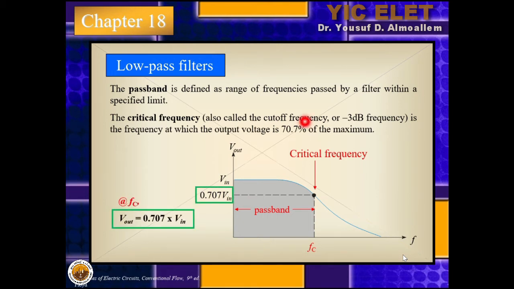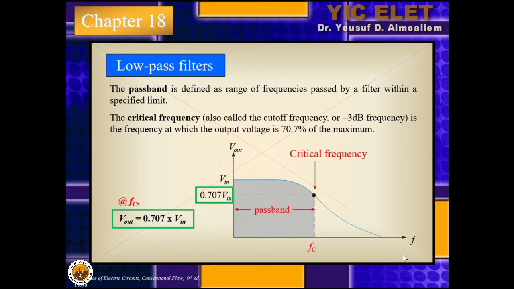So in other words, 70% of the maximum of the input. So this formula, you need to remember. At the critical frequency, V out will be equal to 0.7 of the V in.